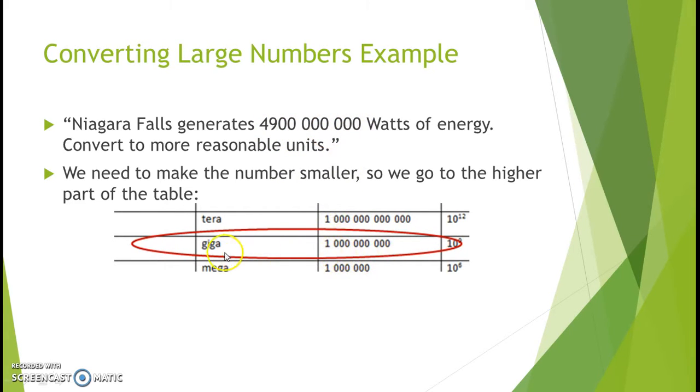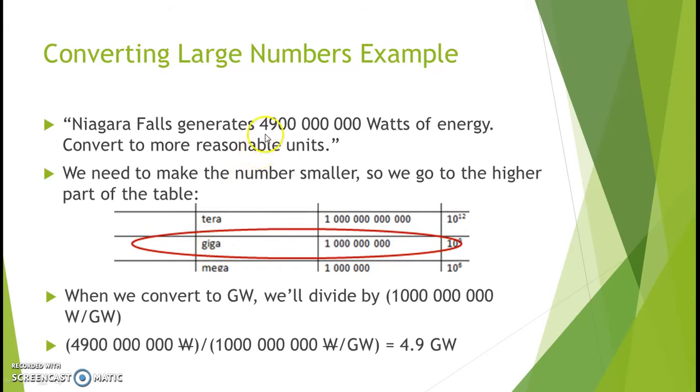With 9 zeros we have giga. And then what we can do is simply divide by that number, 1 billion watts per gigawatt, and we find that Niagara Falls generates 4.9 gigawatts of energy.